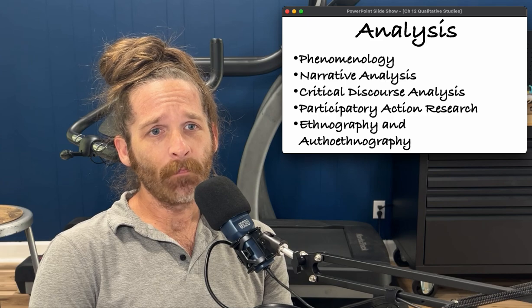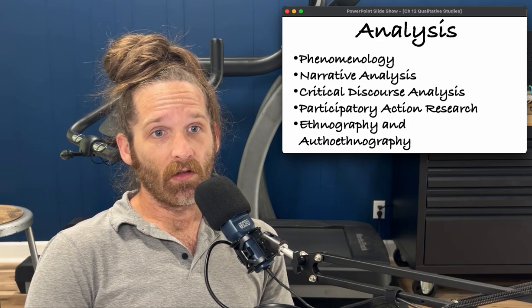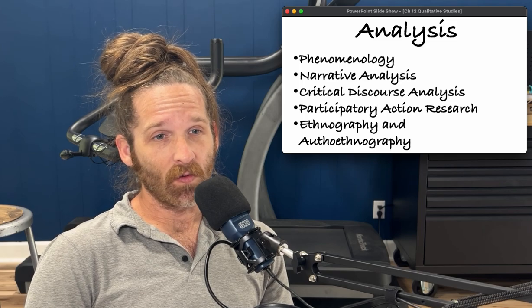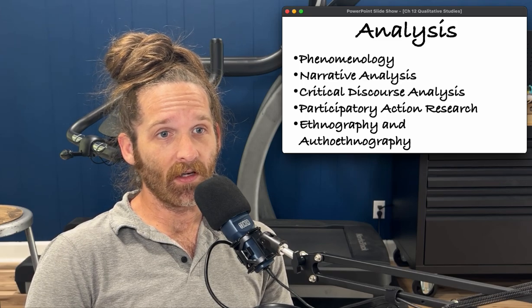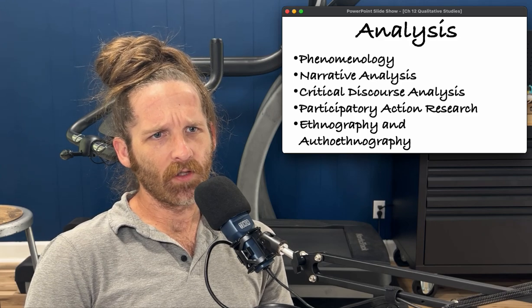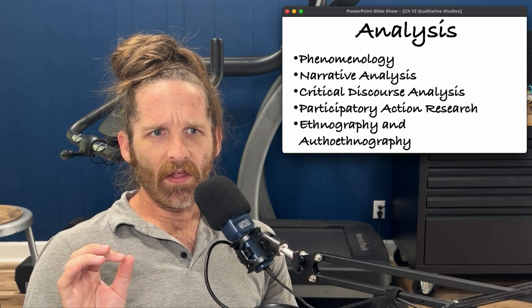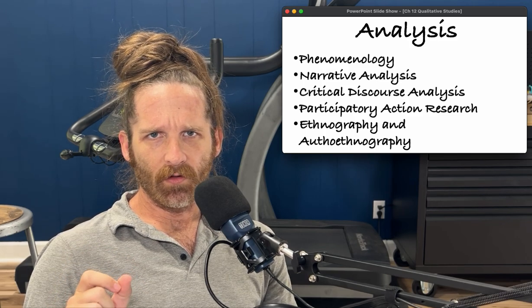So phenomenology, all of these belong to a philosophical school, most of which are rooted in the late 19th century or into the middle of the 20th century and are still very popular today. Phenomenology comes from Edmund Husserl and Maurice Merleau-Ponty, Martin Heidegger, and others in continental Europe, and they look at the structure that experience has.